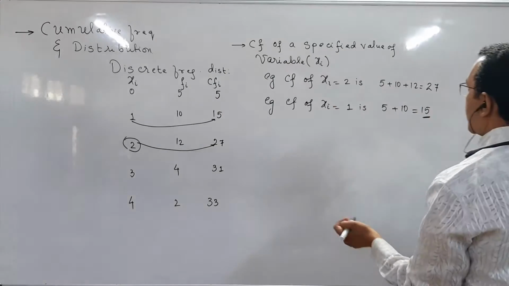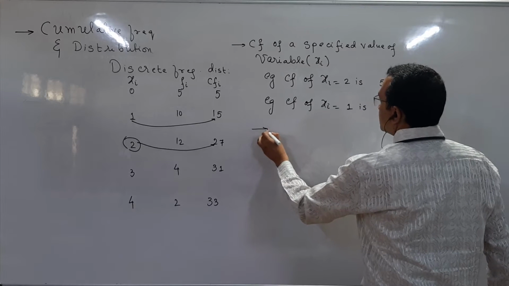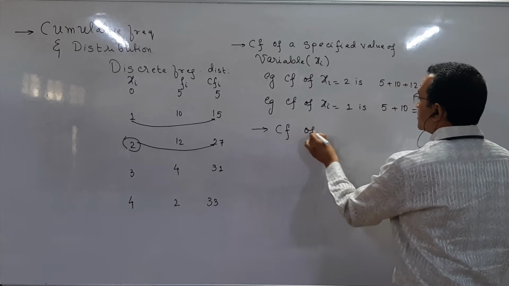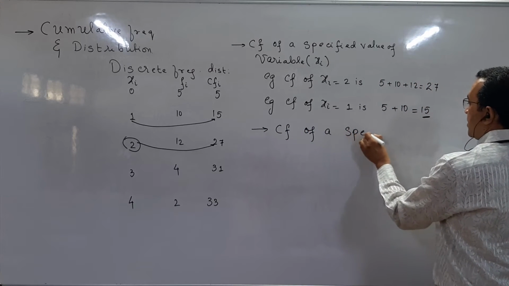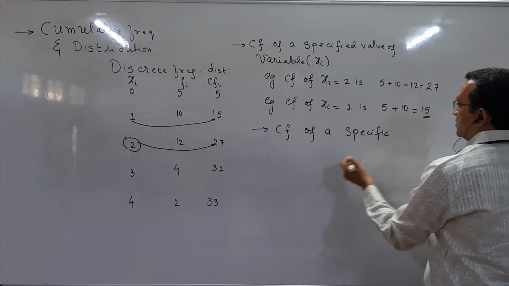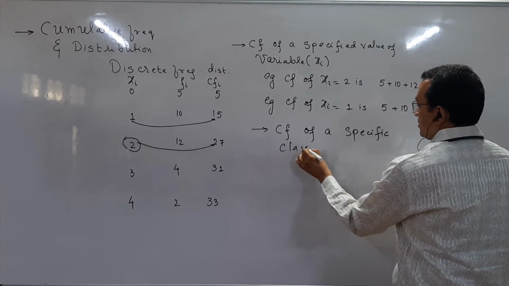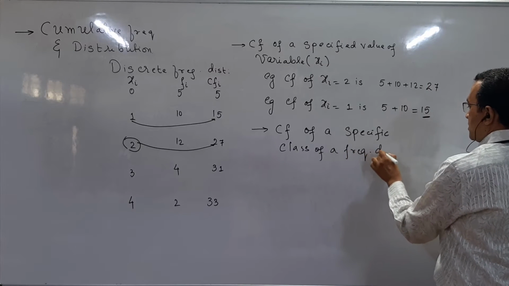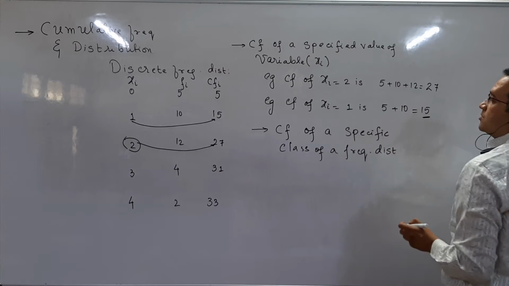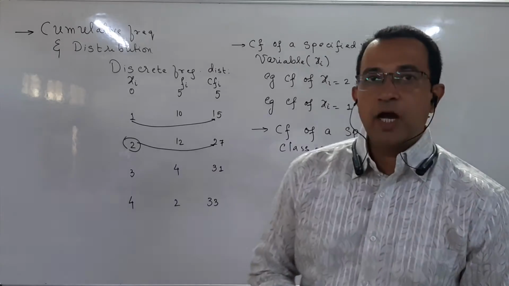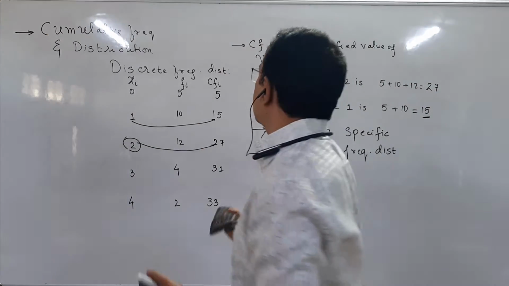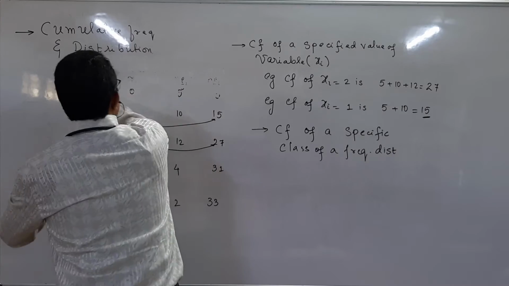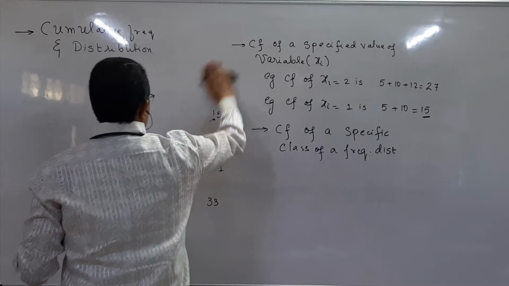Now students, my second definition is cumulative frequency of a specific class of a frequency distribution. Now I am changing my distribution from discrete to continuous.